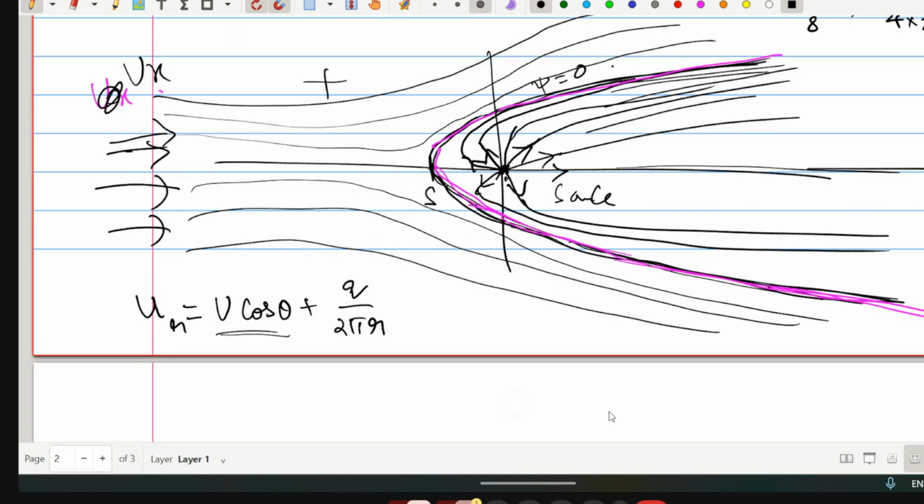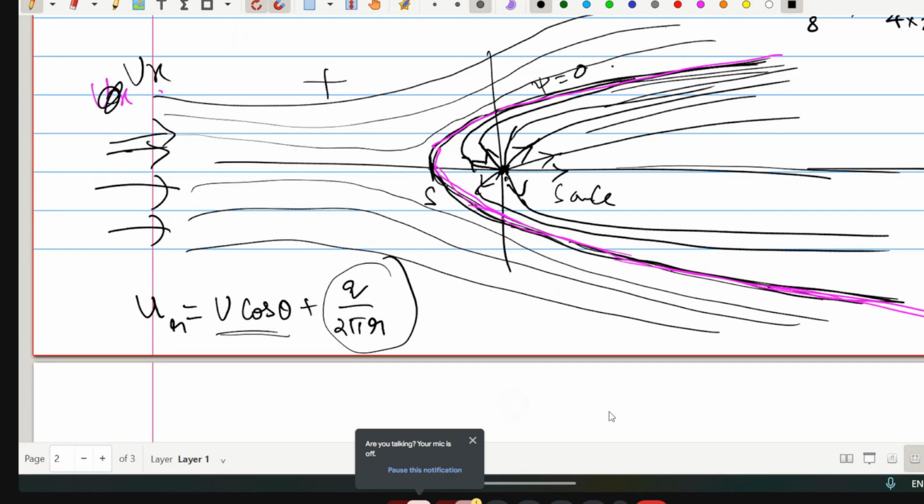Q is positive, 2 pi R is positive, but as R comes very close to 0, then this quantity is bigger, right? Isn't it? Yes, sir. So inside is this one.